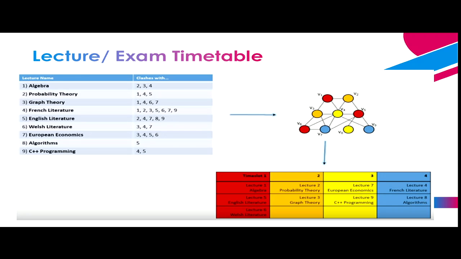Same thing as we have covered before. Each color will represent one time slot, so vertices of the same color will be accommodated into one time slot. So we can have a minimum of 4 time slots to accommodate 9 classes with different schedules. Yeah, that's all. Thank you.